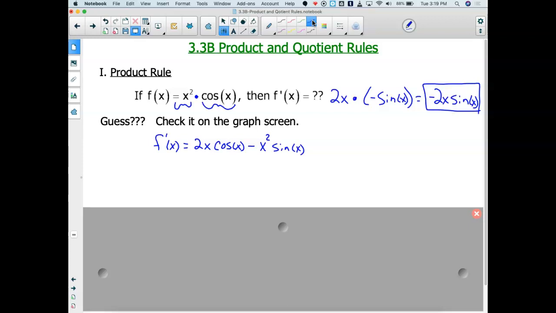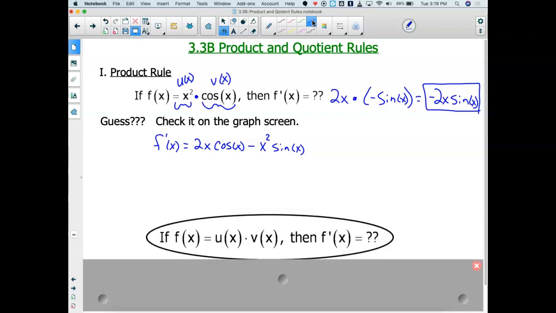Now, I'm going to have you come to these next two functions, and as you're doing these, I want you to focus on something. Because this is a function in terms of x, we're going to think of this as some u of x and some function v of x.